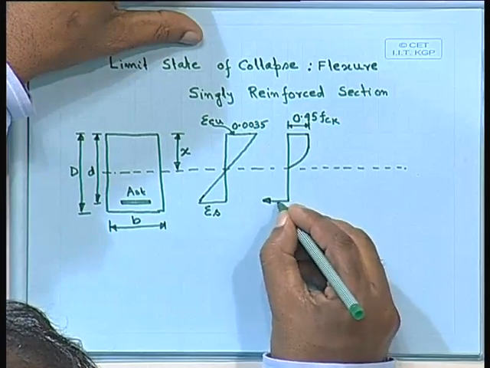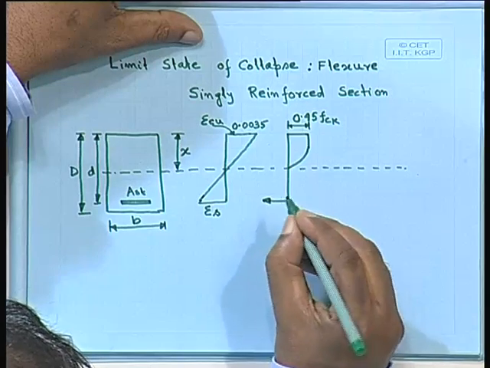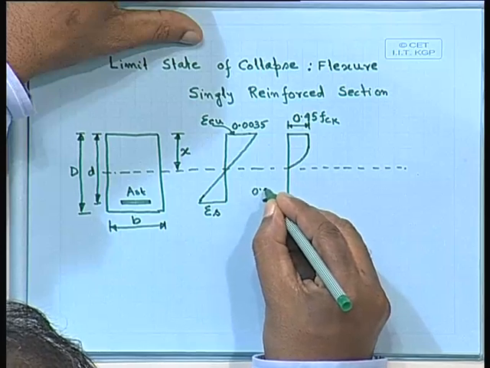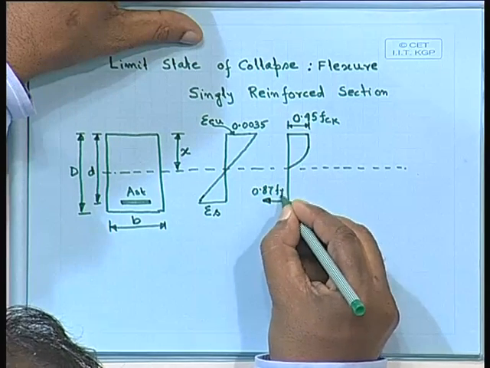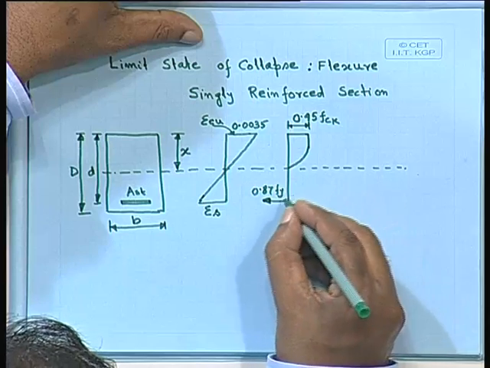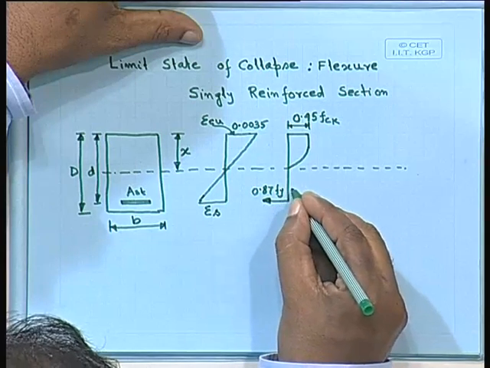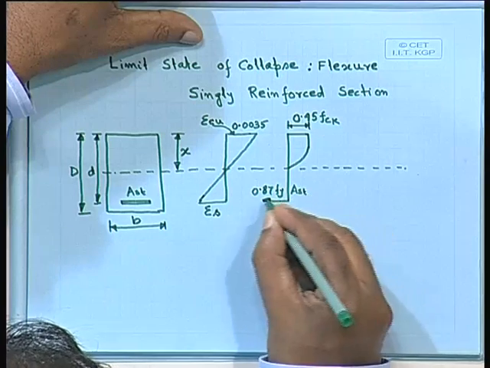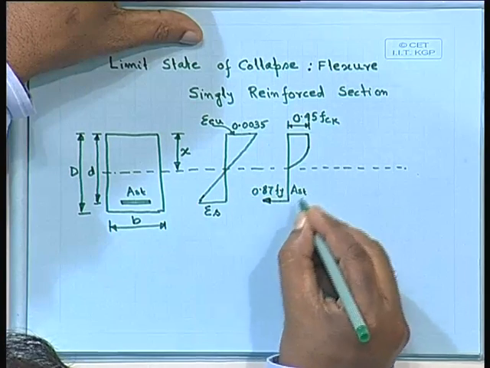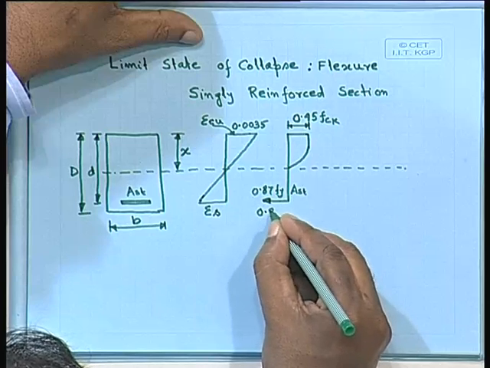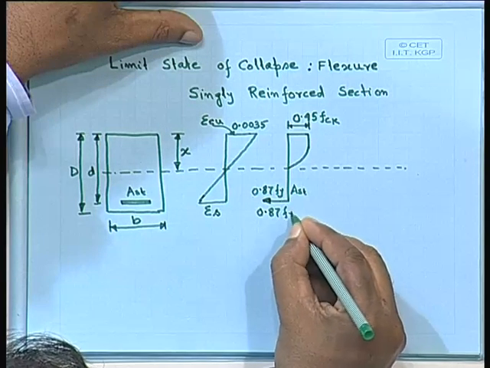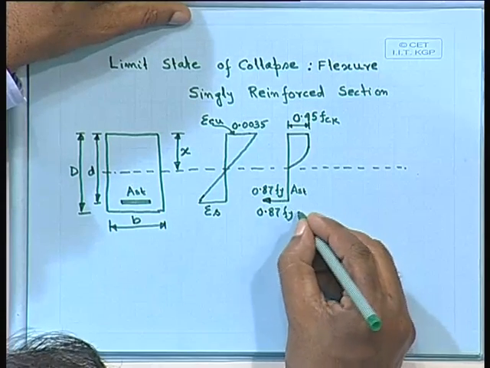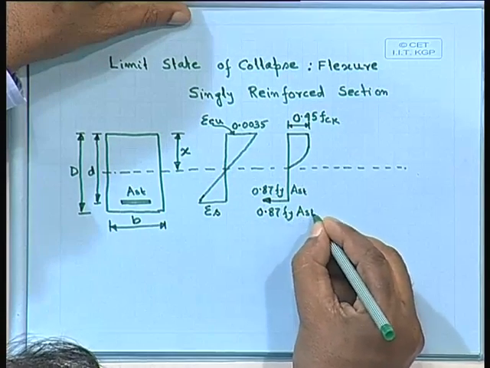What about this steel? This one will be 0.87 fy multiplied by, let us write down here, times Ast. 0.87 fy Ast. Let me repeat once more: 0.87 fy, that is the stress permitted in steel, multiplied by the area of steel.